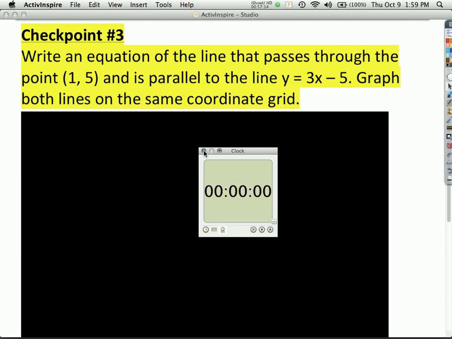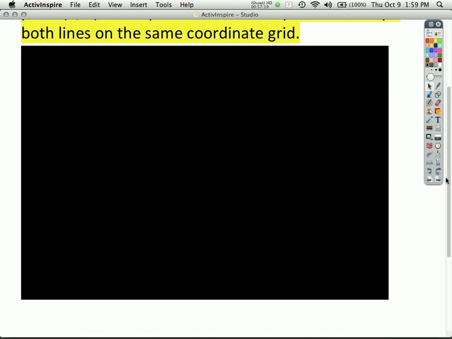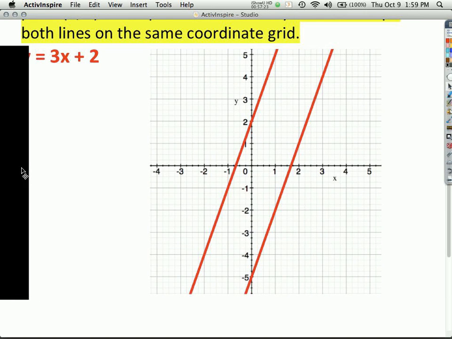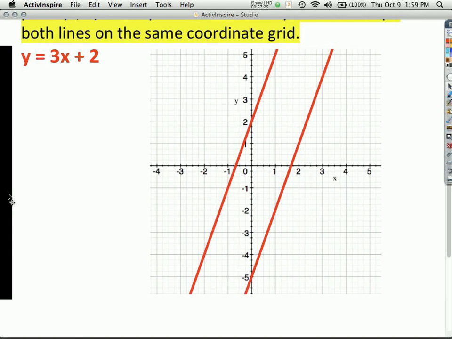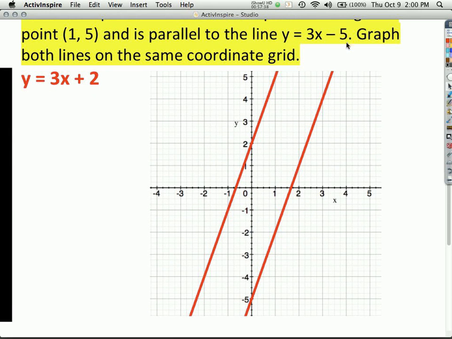All right. Let's see how you did. This was the equation of the new line, y equals 3x plus 2. And you graph both of them, and this is what your picture should have looked like. The original equation has a y-intercept of -5.